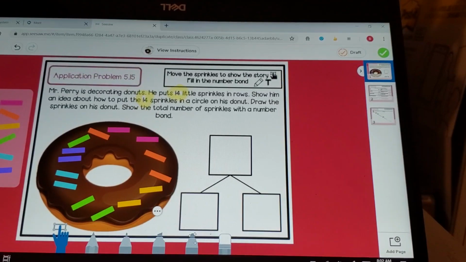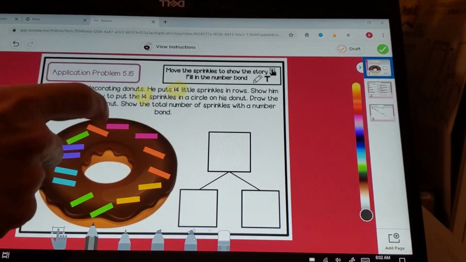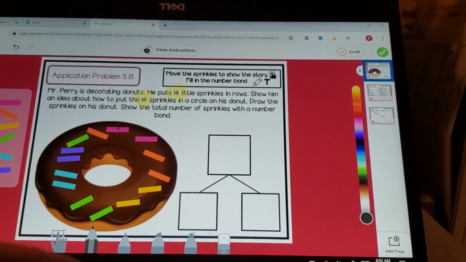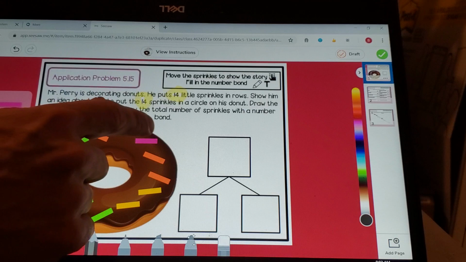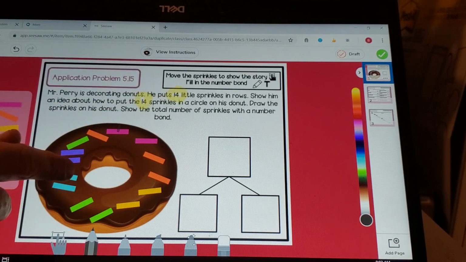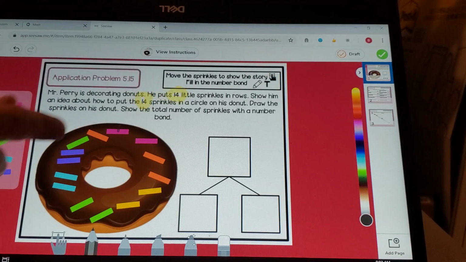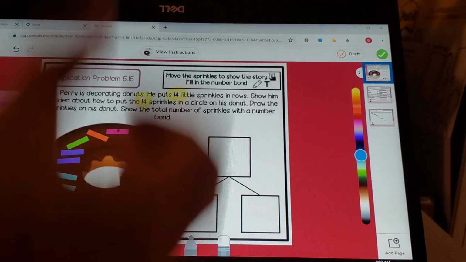But just to make sure, we could touch and count. Okay, remember, let's draw ourselves a little line to remember we start with this one and we stop when we get back. All right, 1, 2, 3, 4, 5, 6, 7, 8, 9, 10, 11, 12, 13, 14. The last number we said was 14, so we know that tells us how many.